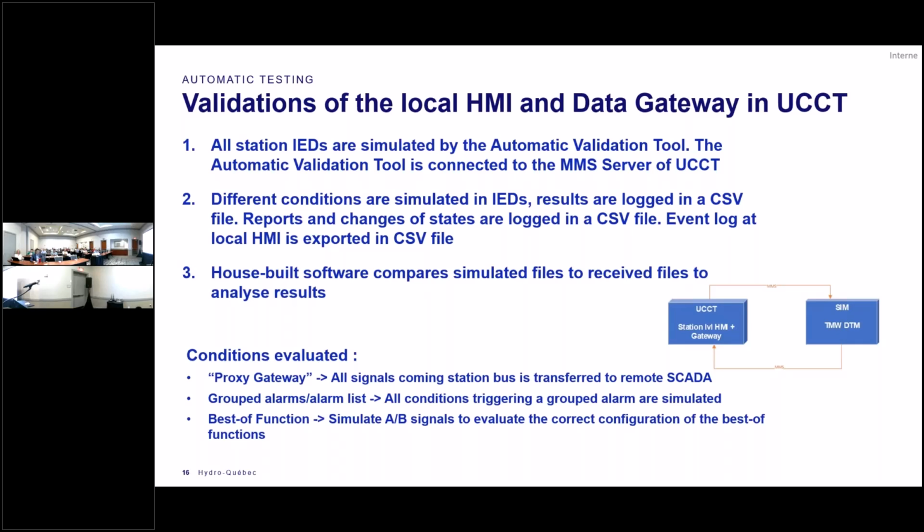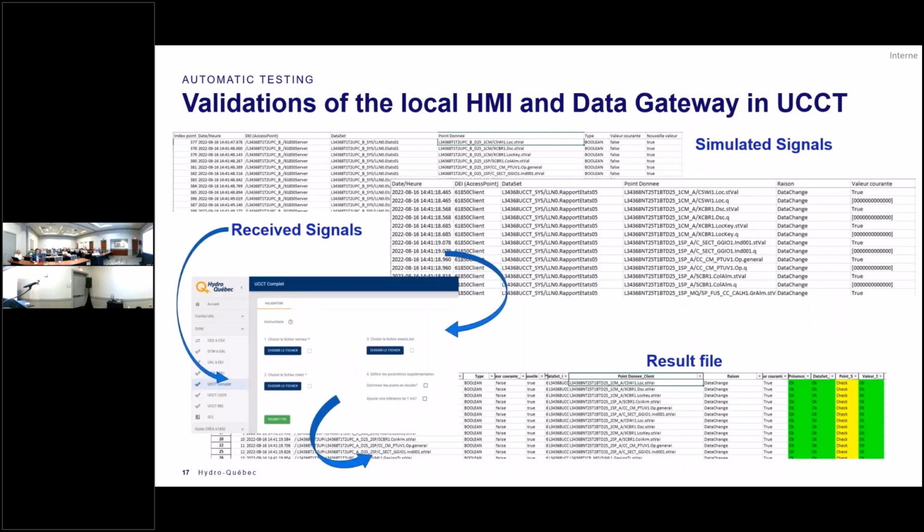So we can see a bit how the result was going on the next page. We had all the simulated signals that were logged from our script in DTM. And at the same time, all the received signals were logged as well in CSV files.